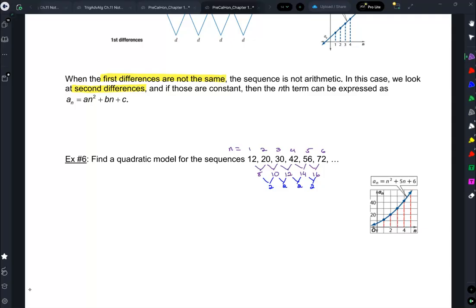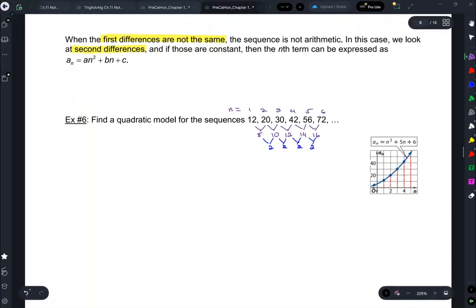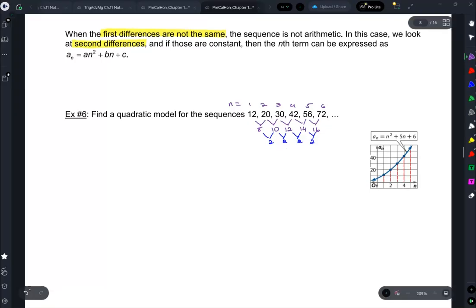Okay, so now we need to come up with some quadratic function for this. Okay, let's see. When n equals 1, a sub 1 is equal to 12. So that point here is 1 comma 12.